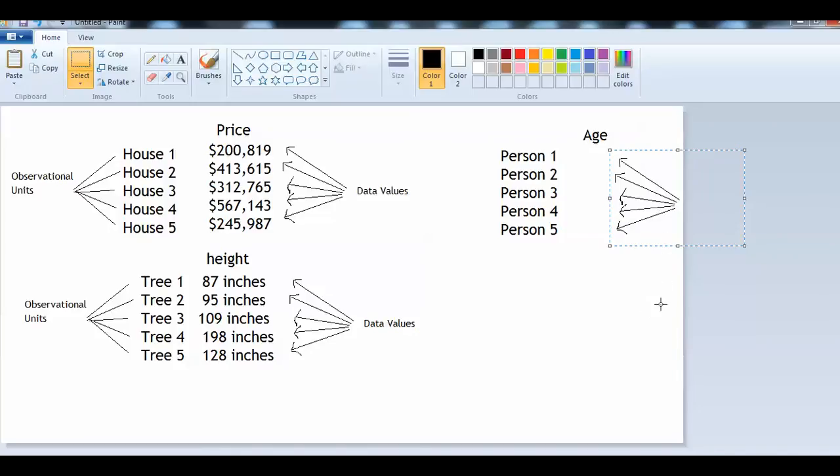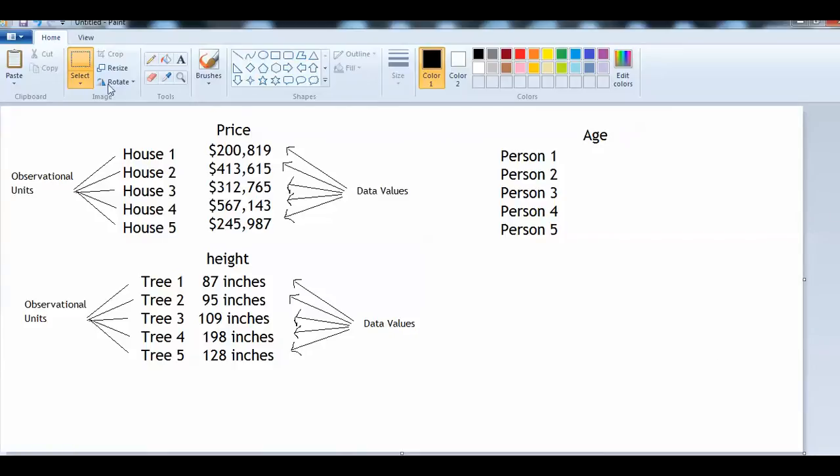The word data value got cut off. Let's see if I can expand this. The 5 ages would be the data values.